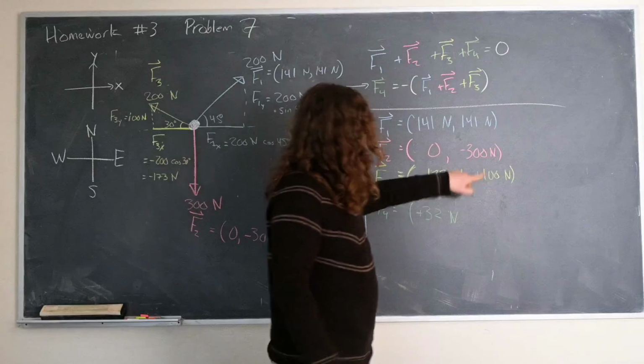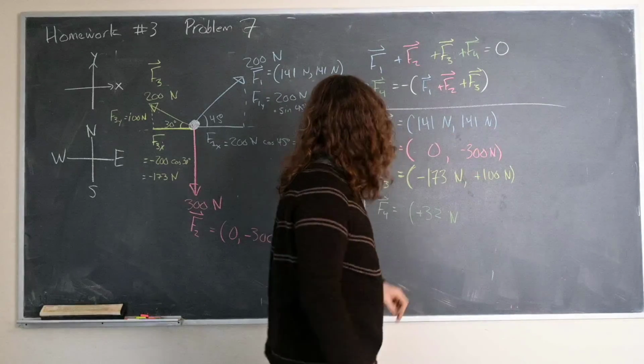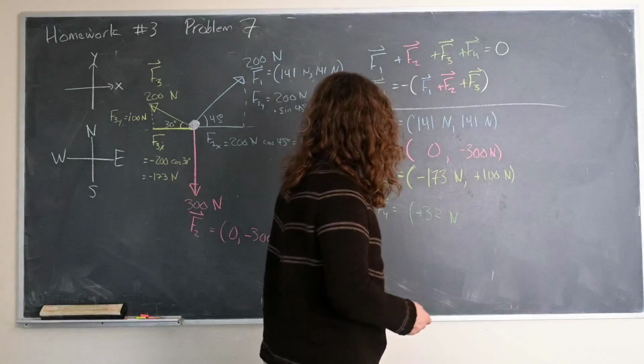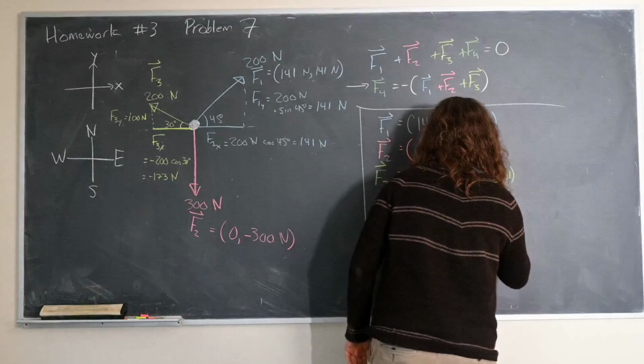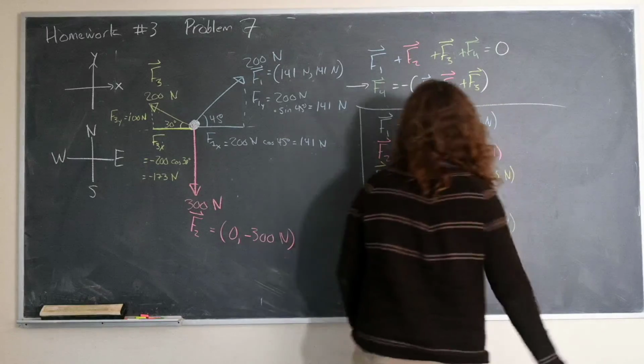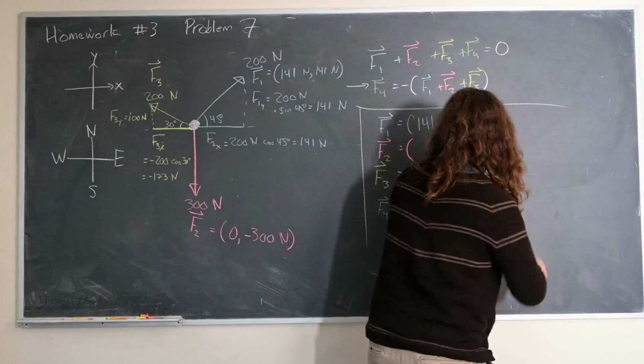And I've got 141, 241 minus 300 gives me minus 59. But that would become plus 59 newtons.